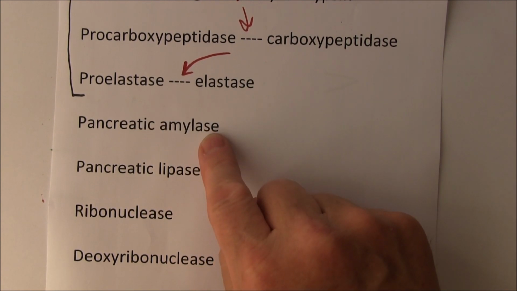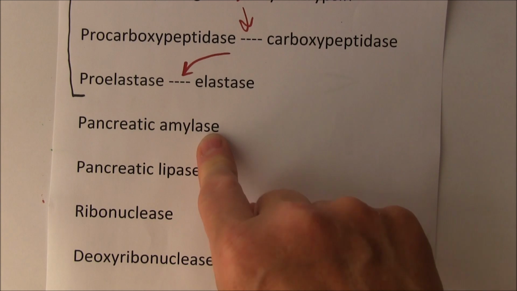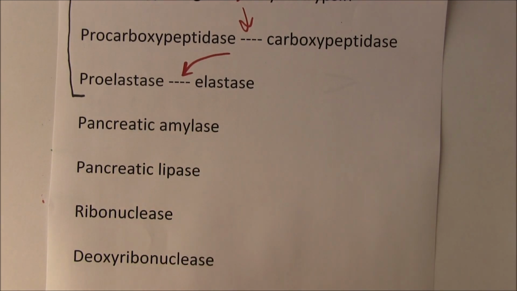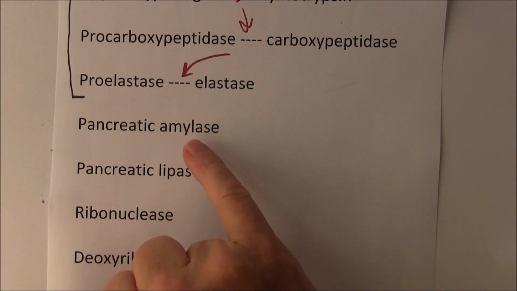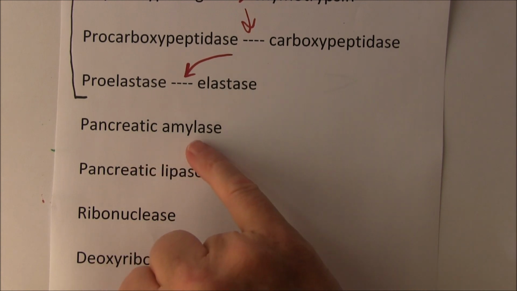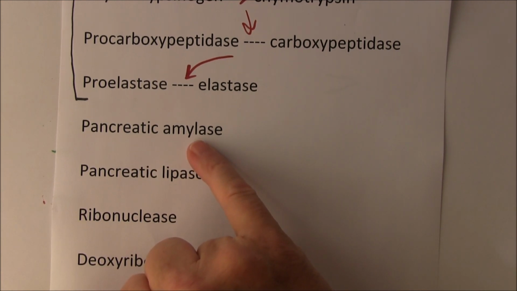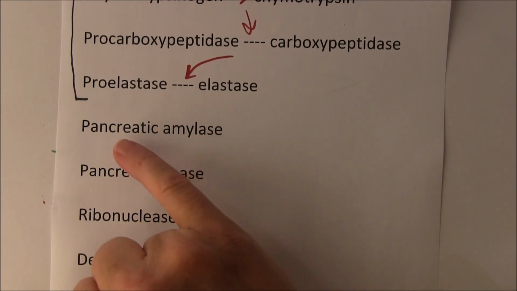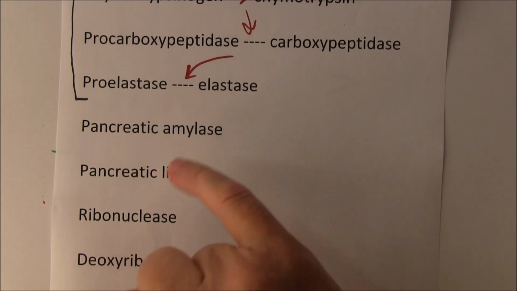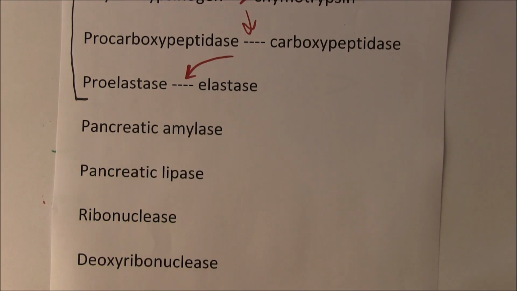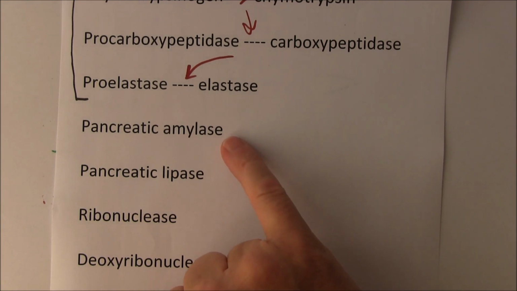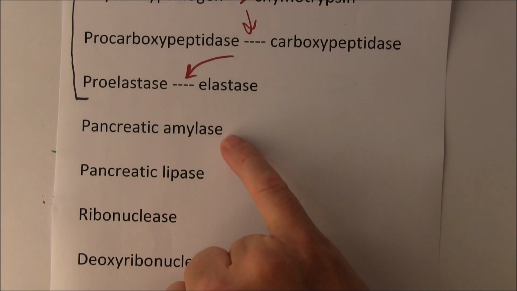But there are some carbohydrates that amylase will not digest. So which polysaccharide carbohydrates will pancreatic amylase not break down? Well, the answer to that is cellulose containing polysaccharides.